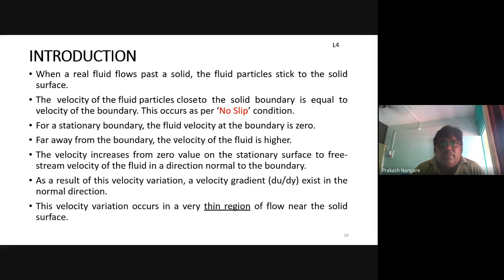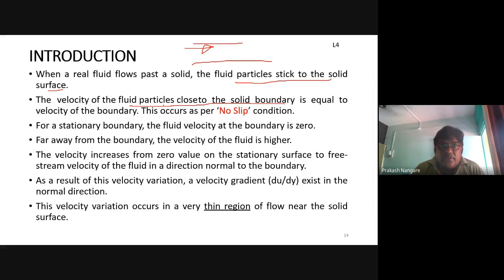So when a real fluid flows past a solid, the fluid particles stick to the solid surface. If the flow takes place inside a pipe, for example, then what will happen? How is the boundary going to be created?